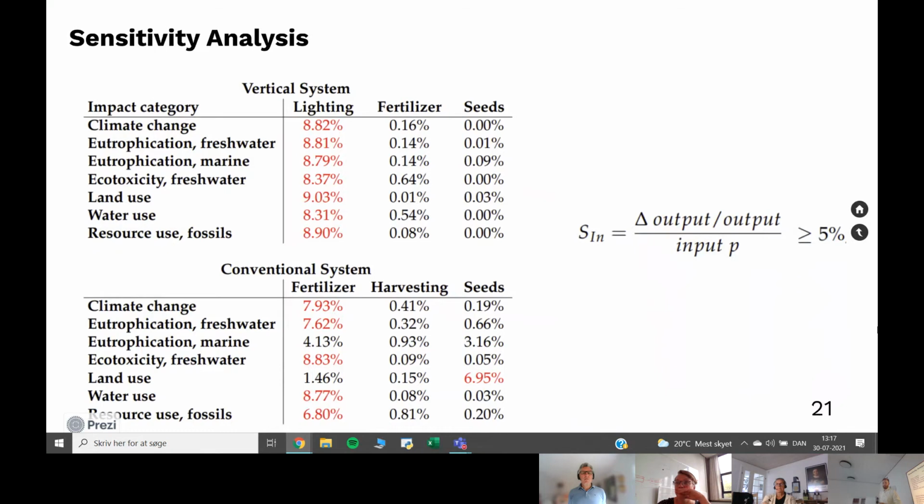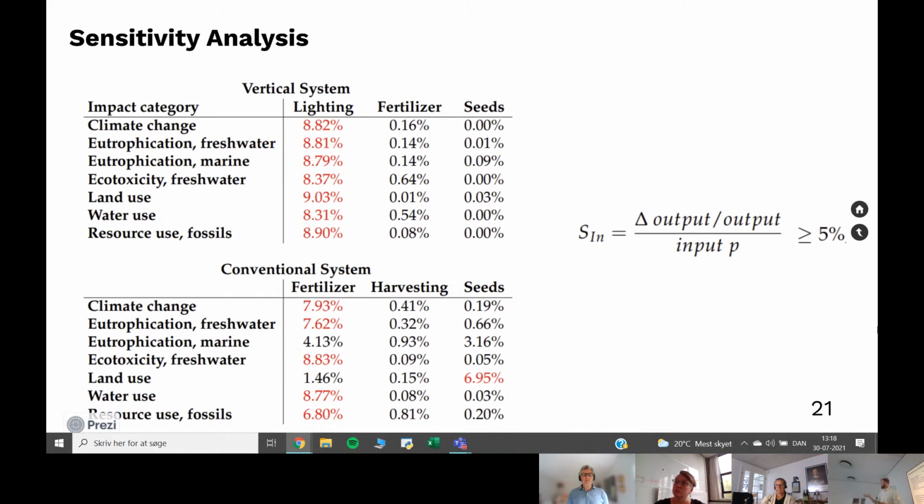I needed to make sure I test for some other kind of uncertainty. This is the sensitivity. And this means I check if a process is sensitive to uncertainty. So here I looked at the most contributing processes for each system, and I increased the value within the process by 10%.